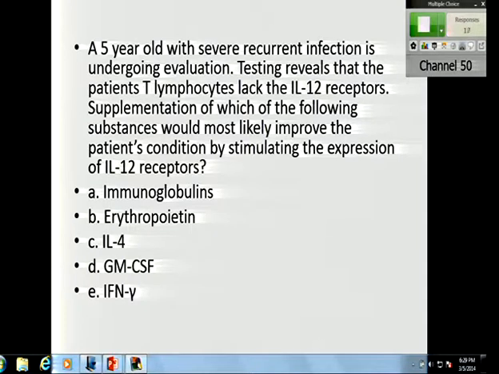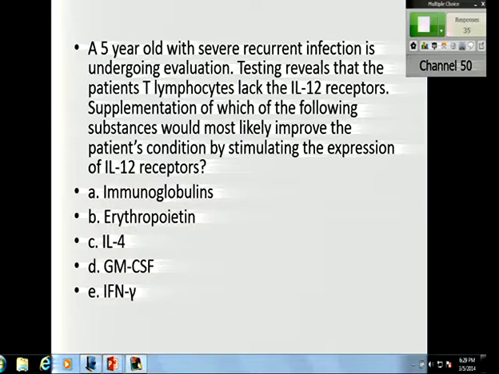So the receptors for cytokines are synthesized only when the cell is exposed to the cytokine. Which of the cytokines would stimulate interleukin 12 production?